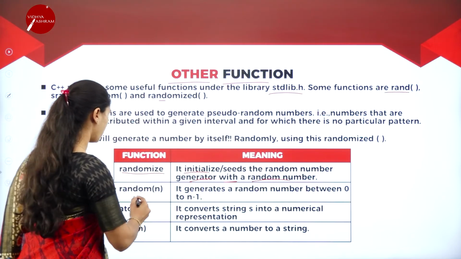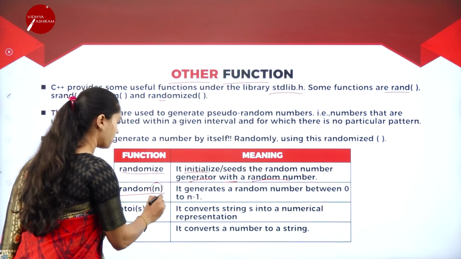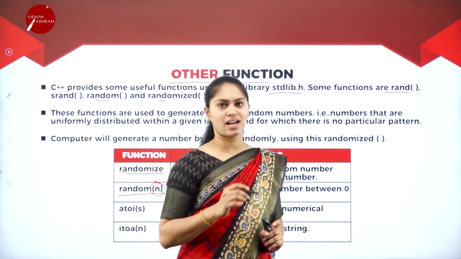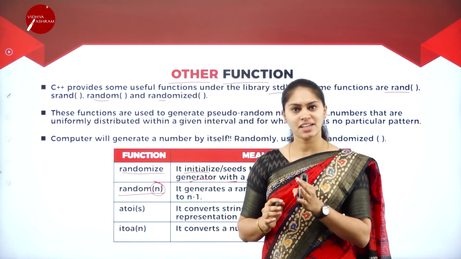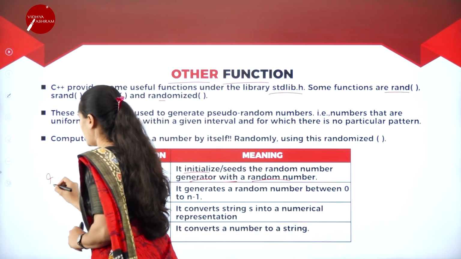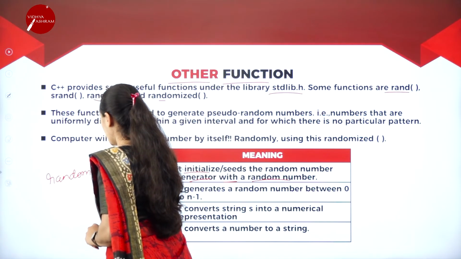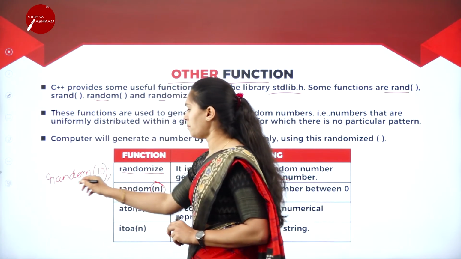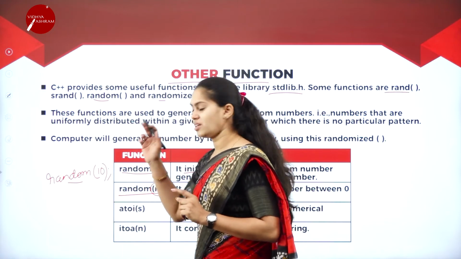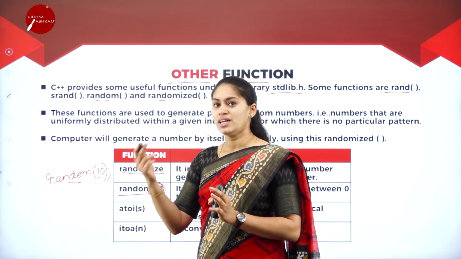Next we have one more function called random of n. Here we have a parameter n within that, which indicates that I can give the maximum value. So if I am using random of 10, the compiler will generate random numbers between 0 and n minus 1.